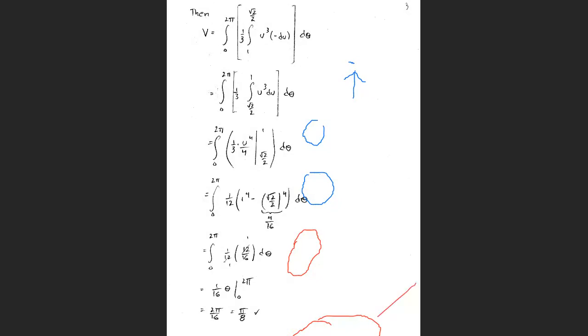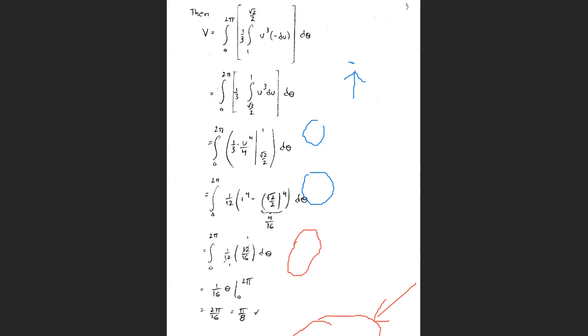So you're going to get 1 minus 4 sixteenths, which becomes 12 sixteenths. But you're multiplying that by a 12th, so the 12s simplify out, and you're left with 1/16.